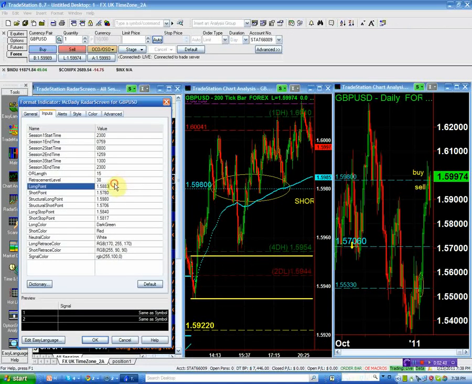My long point in the pound dollar is 160.12. Make it 160.20 just to be on the safe side, and my stop is below the 159.80, so my long stop is the 159.80.